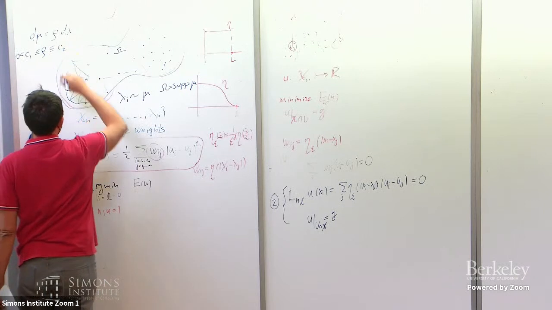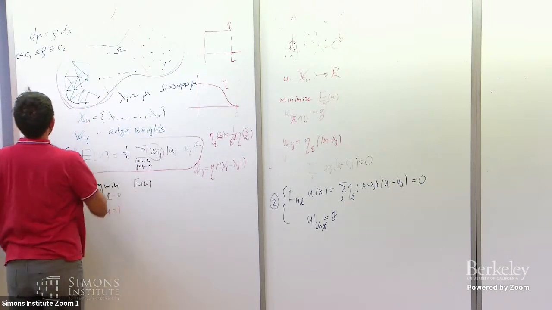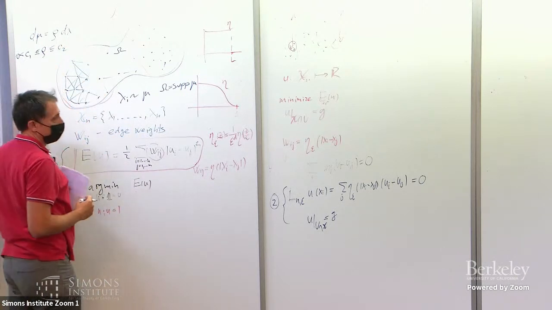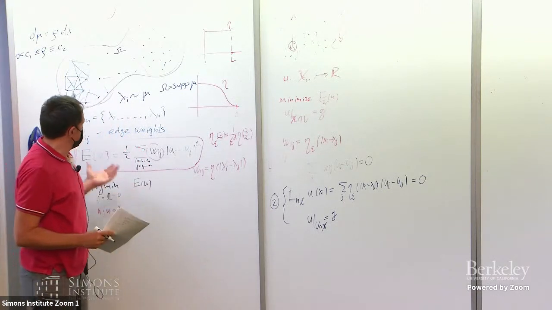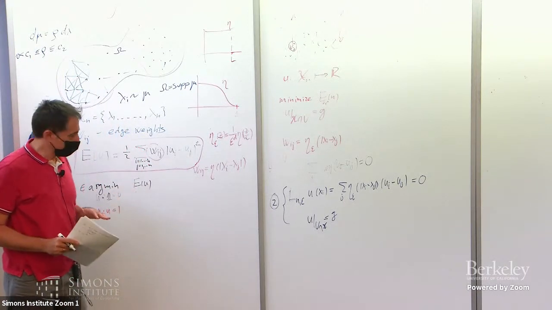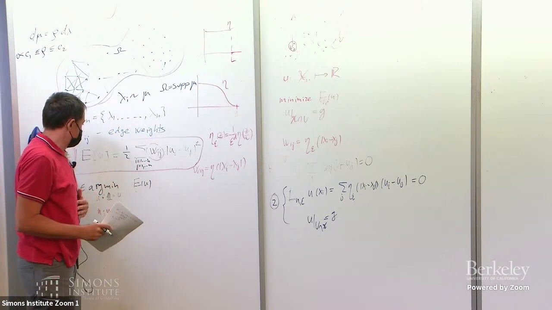Again, this second one could be removed, but this first one is difficult to remove in the setting here. So we assume that our measure does not degenerate on its support.